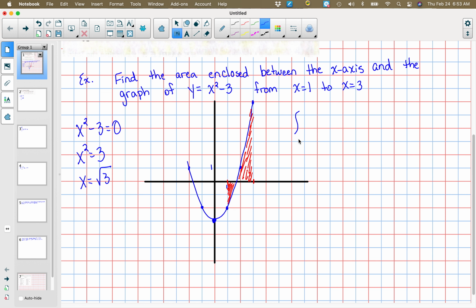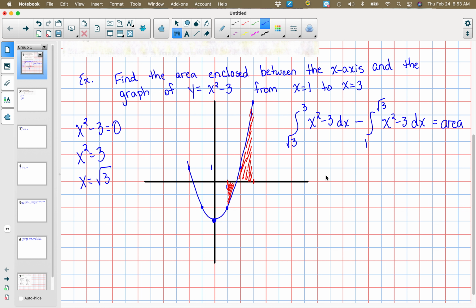So I would need to integrate, if I want the area, I'm going to take the area above the curve, so from the square root of 3 to 3 of x squared minus 3 dx, minus, because we're going to subtract the part that's below the curve, so that's going to be from 1 to the square root of 3 of x squared minus 3 dx. Okay, so we could do that way. And if we did that, we would end up with the area that we were trying to find.